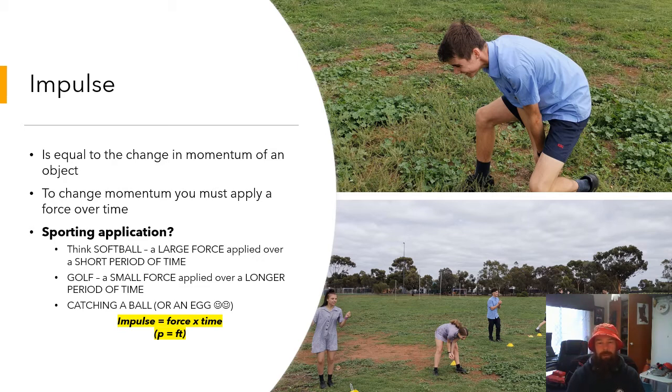On the flip side, you've got golf putting, to get the ball into the hole, where you're applying a very small force but over a longer period of time to move the golf ball into the hole.